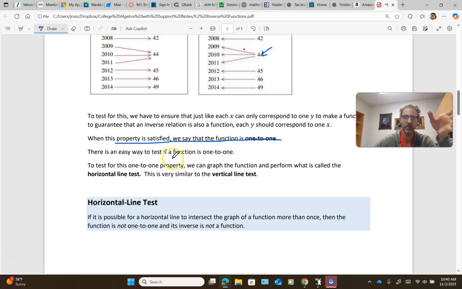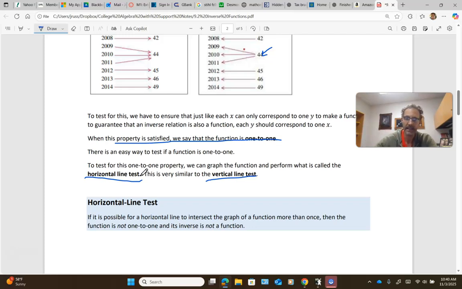It's very similar to the way that you graphically or visually determine whether a relation is a function or not. Do you remember the vertical line test? With that vertical line test, that ensured that each x went to only one y. Well, if you use what's called a horizontal line test, that will ensure that each y corresponds to just one x.